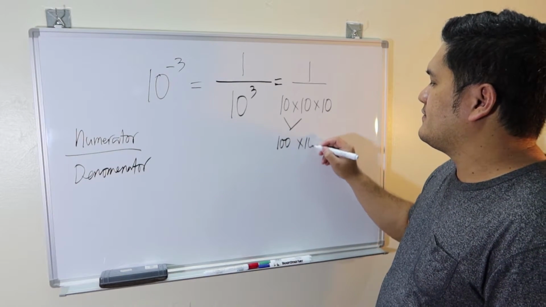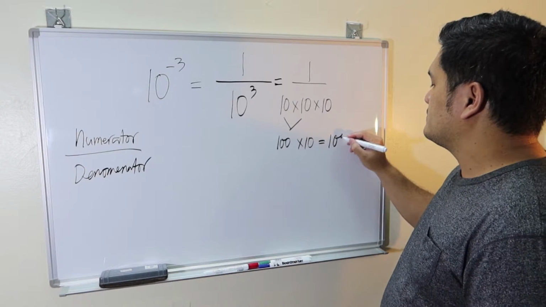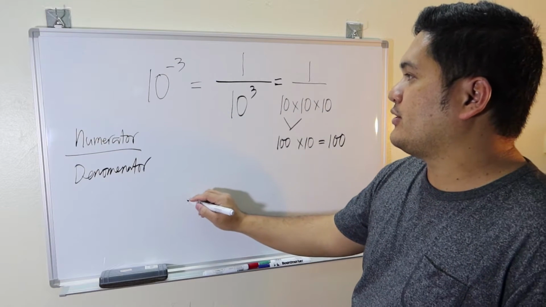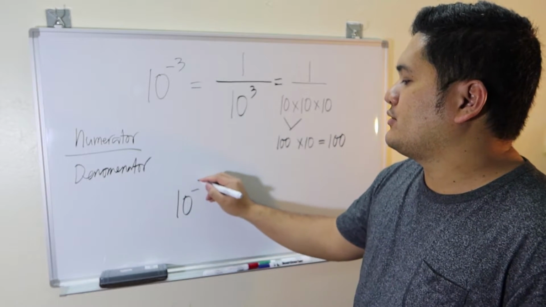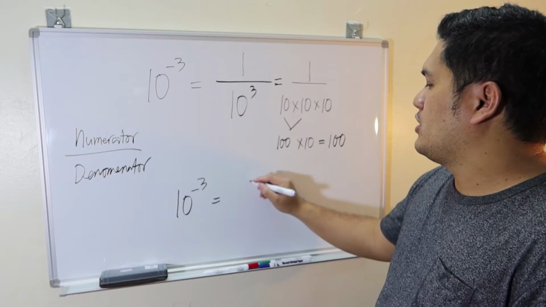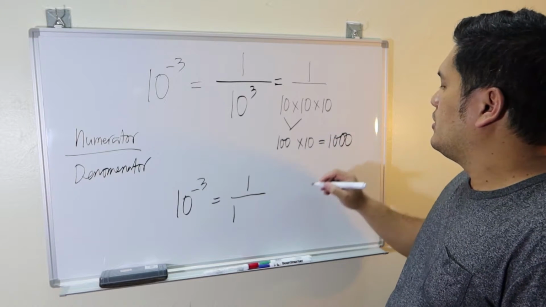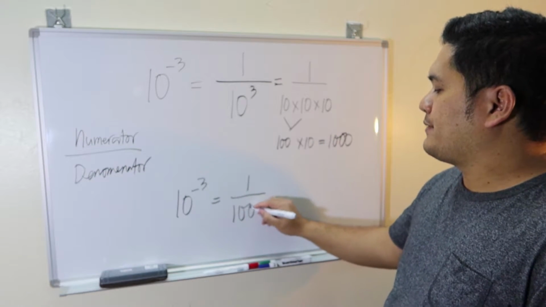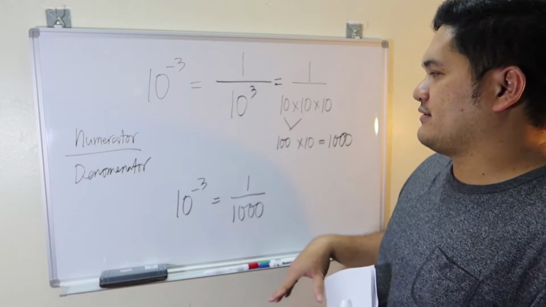Times 10 is equal to 1,000. So, ang sagot daw dito sa 10 raised to negative 3 would be 1 over 1,000. That would be your answer sa 10 raised to negative 3.